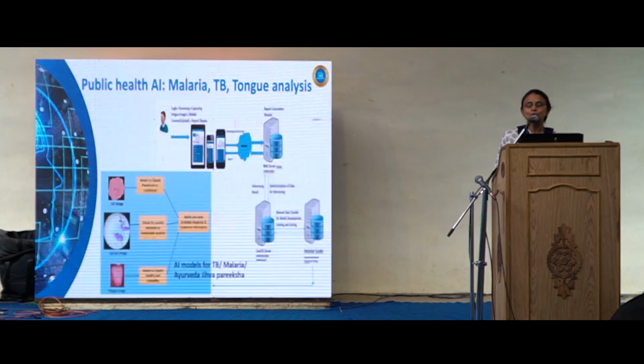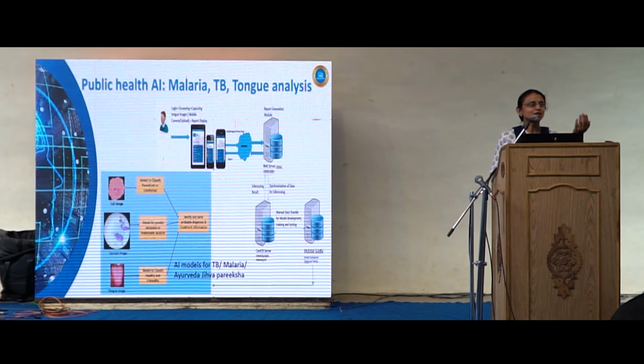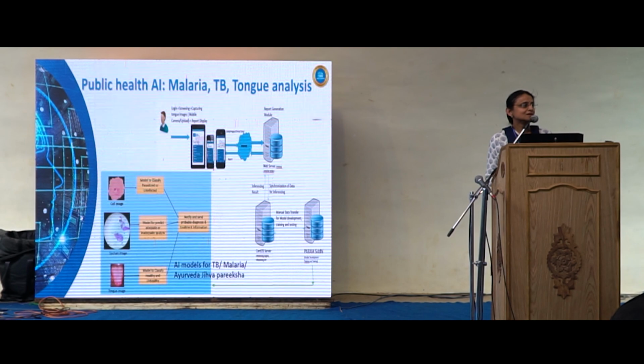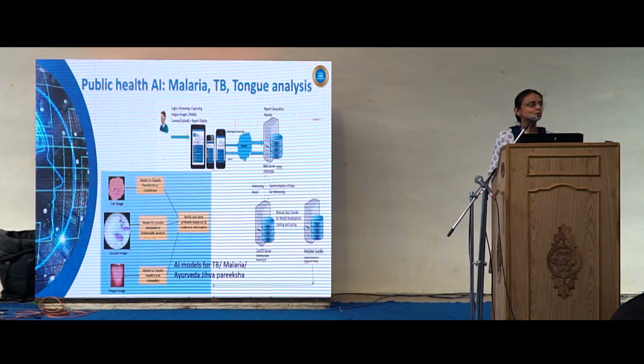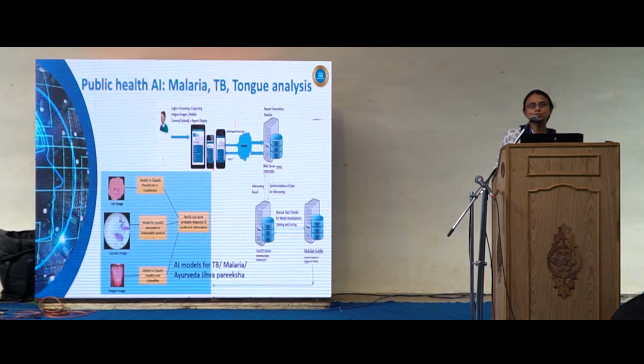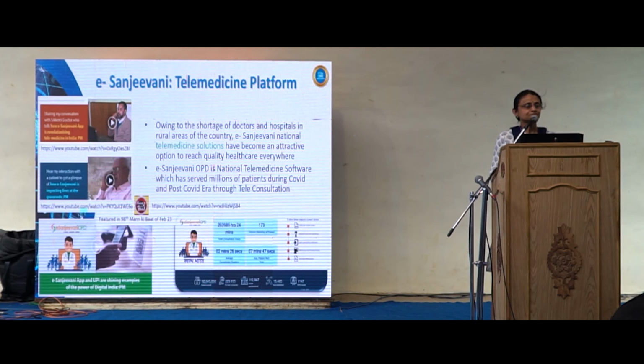For the result to go back to the patient, the cycle is more than 15 days. Until that point, the basic treatment of malaria is over, so the very need for doing lab testing is defeated. So how can we do it faster? Can we have AI models to enable us to do this kind of testing?